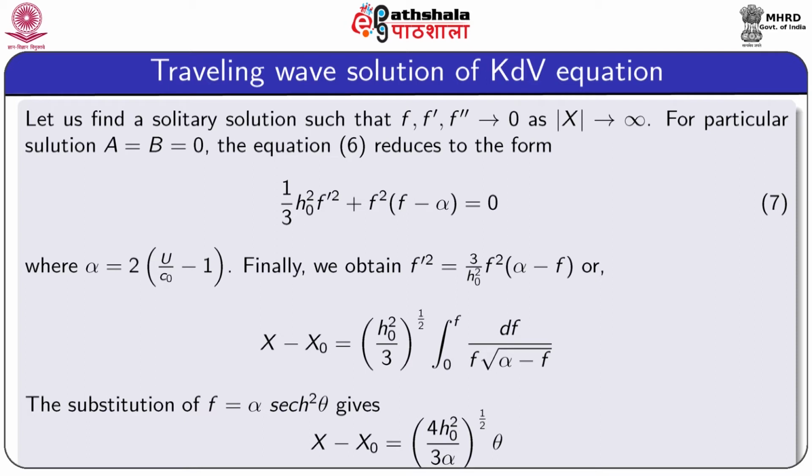Now, to find the value of this integral, we substitute f equals alpha sech square theta. If you substitute that, the value of the integral can be obtained easily. So, after integration it becomes X minus X0 equals 4 H0 square by 3 alpha to the power half into theta.